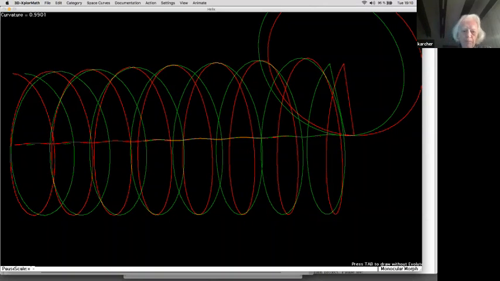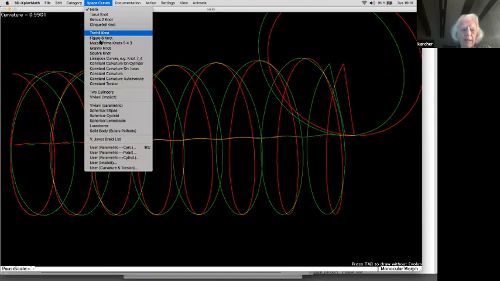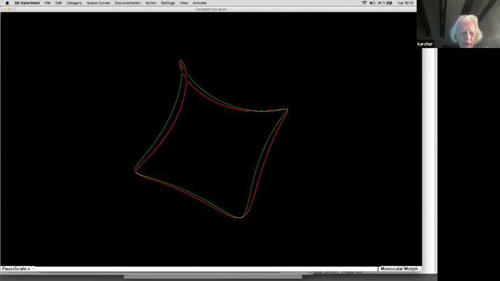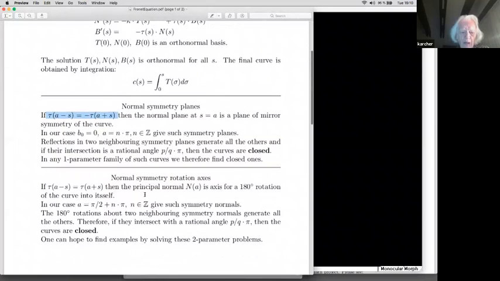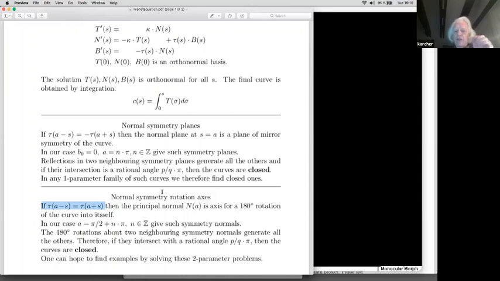Okay, now I can come back to these constant curvature space curves. And we have one more symmetry observation. If the torsion function is symmetric with respect to some parameter value, then the principal normal, the line in the direction of this vector n in the differential equation, is a symmetry normal, which means a 180-degree rotation around that normal maps the curve to itself.